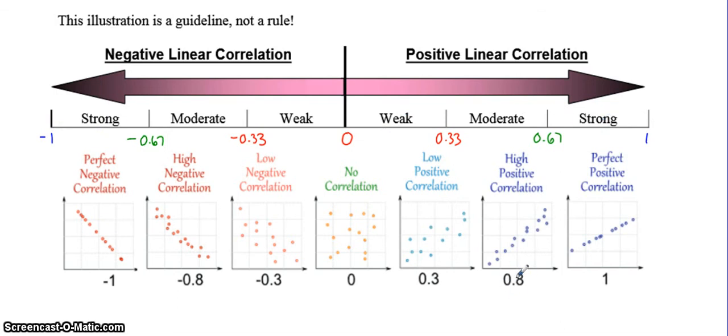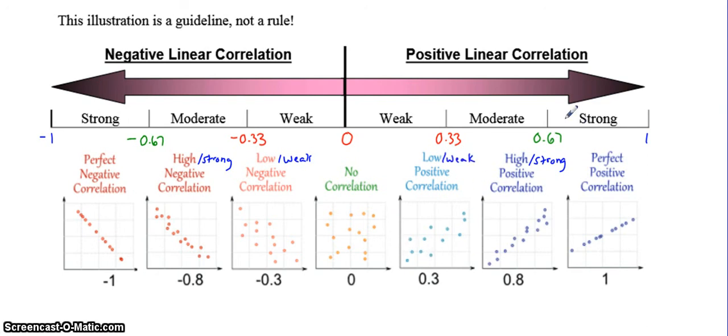So 0.8 would be a high or a strong positive correlation. -0.8 would be a high or strong negative correlation. -0.3 would be a low or a weak, and 0.3 would be a low or a weak. And you can use different descriptive words.